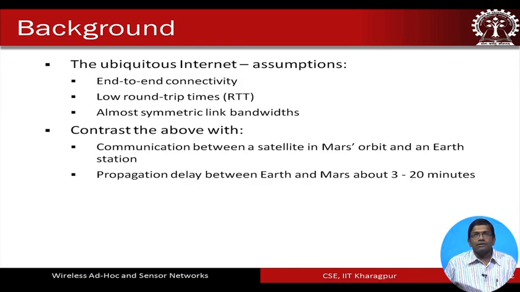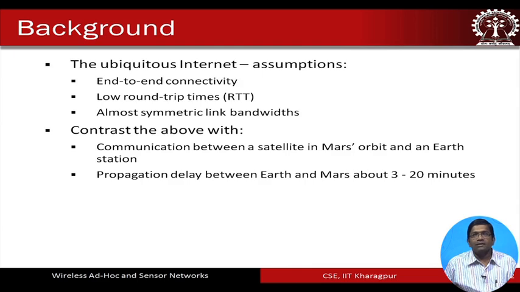In contrast, if we think of sending a signal from the surface of the earth to other planets like Mars, there is a huge delay. This is very important for people who are working on interplanetary networks, which talk about how to communicate between two different planets, how to send a signal from one planet to another.